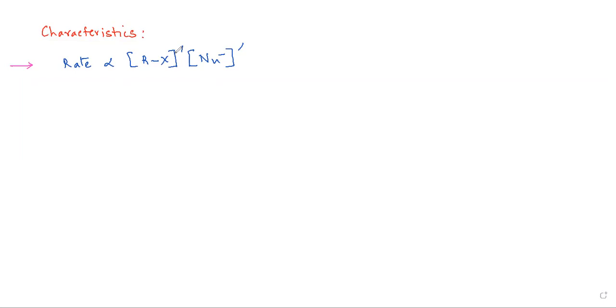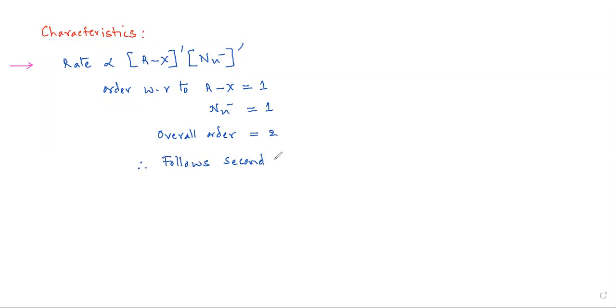It can be given as order with respect to alkyl halide is 1. With respect to nucleophile is 1. And the overall order of the reaction is 2. That means it follows second order kinetics.